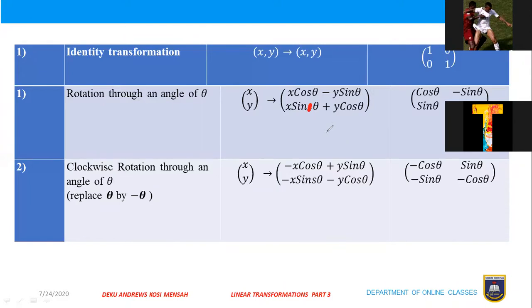So your matrix, we have cos theta, negative sin theta, sin theta, cos theta.